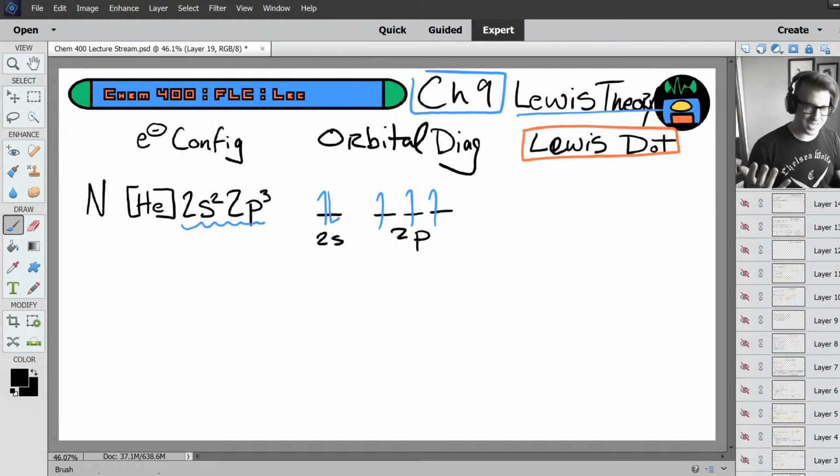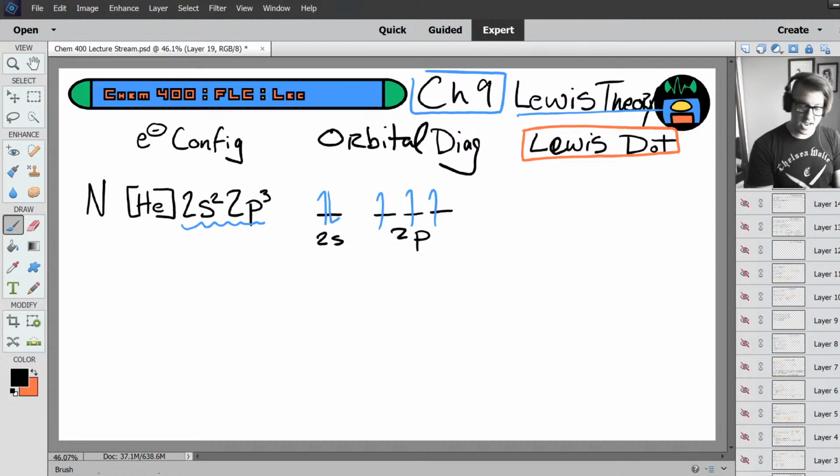When you're juggling like 89 electrons, it'll take a lot of space to write that all out. But also, it makes it easier to then write the Lewis dot structures if you're using the noble gas abbreviation, because the Lewis dot structure only uses the valence electrons. So you can write an orbital diagram out using everything, but if you restrict it to valence, it makes it easier to transition to the Lewis dot.